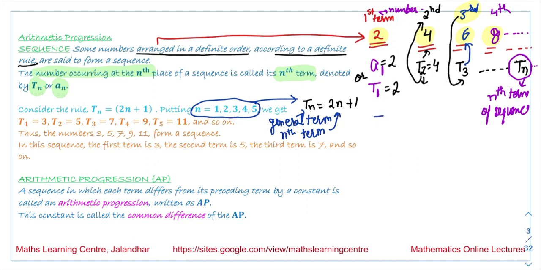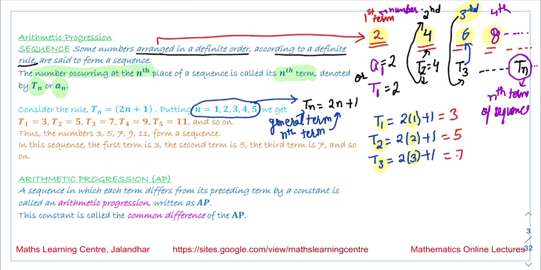The first term T1 means in place of n we write 1, so it is 2 into 1 plus 1. T2 is 2 into 2 plus 1. T3 is 2 into 3 plus 1. Likewise we are substituting the values, and the answers we obtain are 3, then 5, then 7.